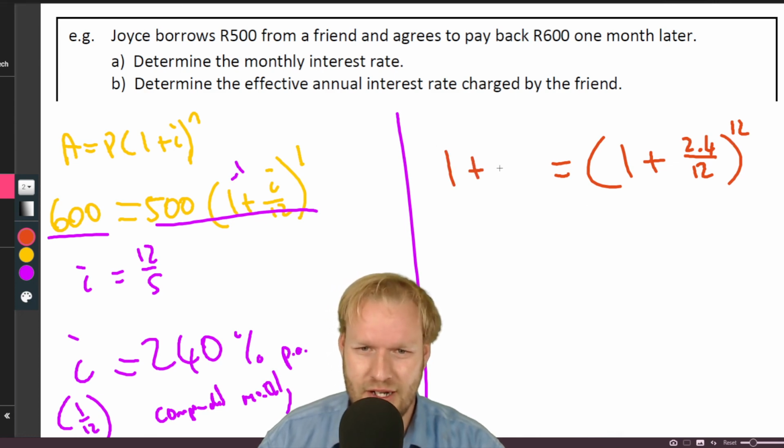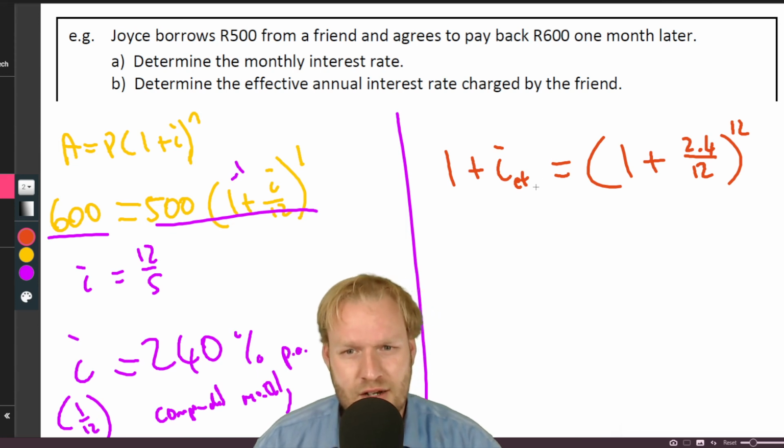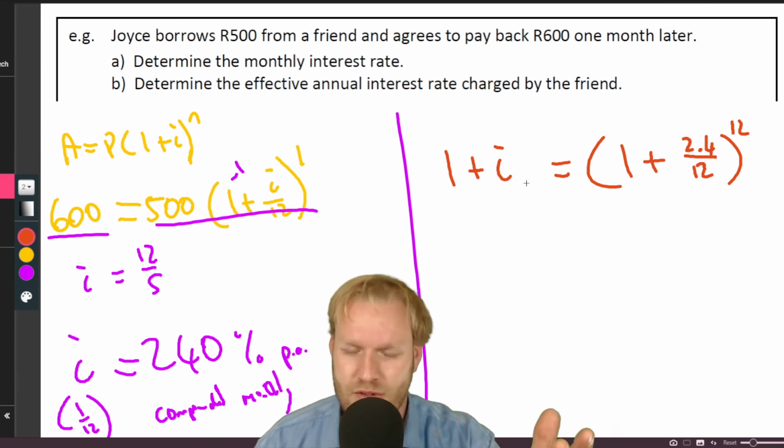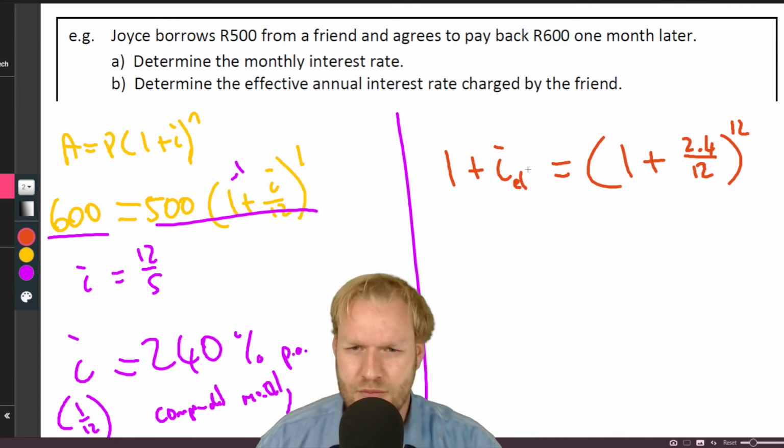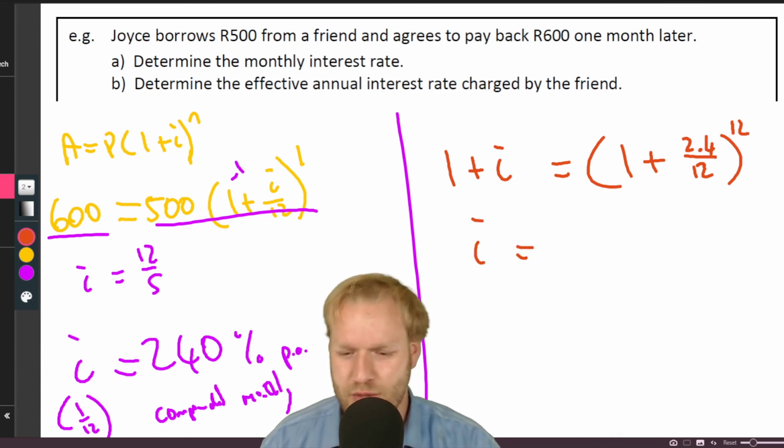And what we're trying to find is the effective interest rate. If you just write 1 plus i, that's fine. We don't need to write i effective because we know that's what we're working out. So we just need to subtract 1 from each side. So i equals, and let's see what we get.